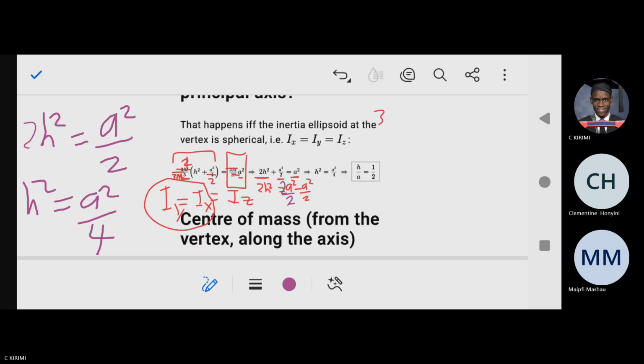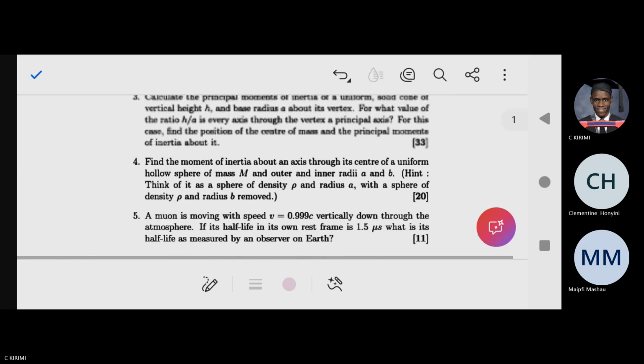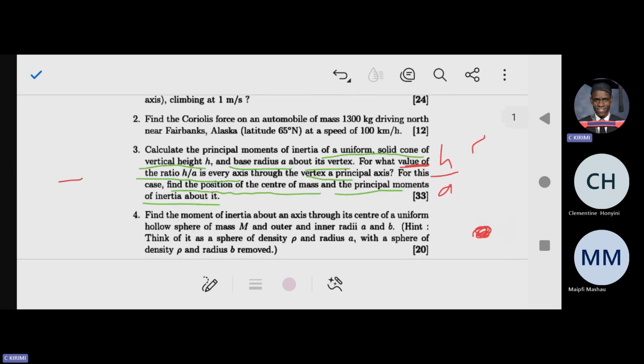So if my h squared is A squared over 4, I want the value of h over a. That is the ratio which I've been asked in my question. The question is asking for the ratio h over a: for what value of the ratio h over a is every axis through the vertex a principal axis?